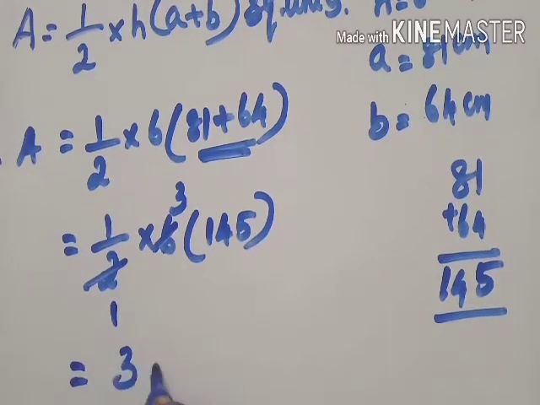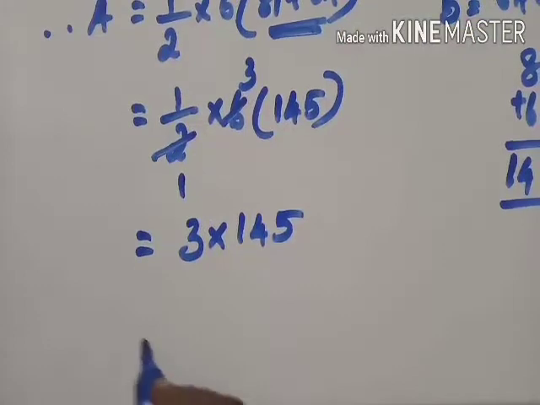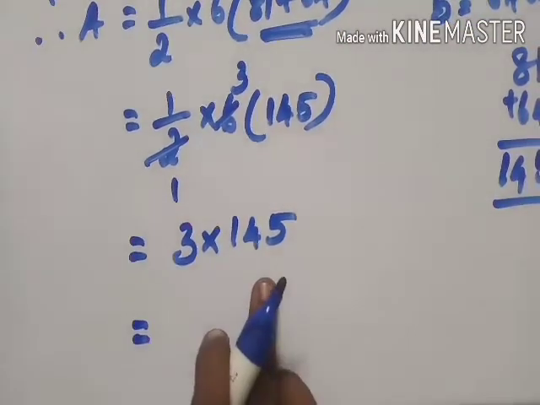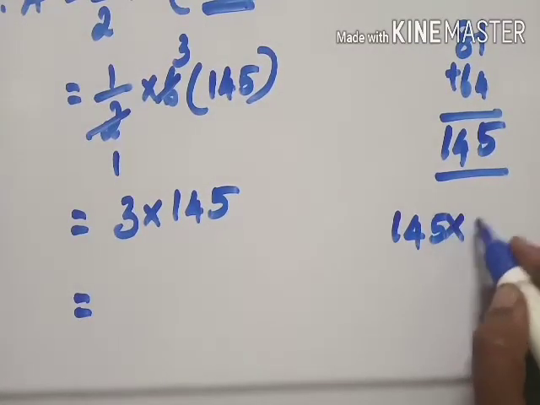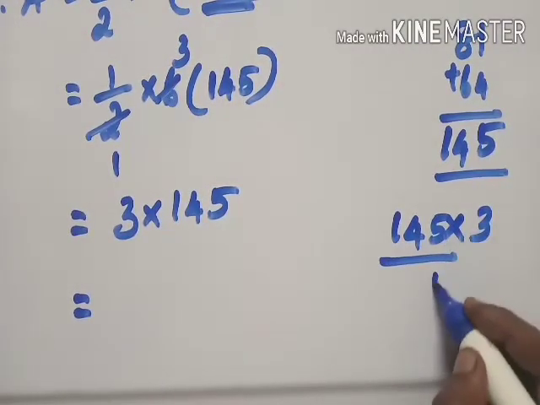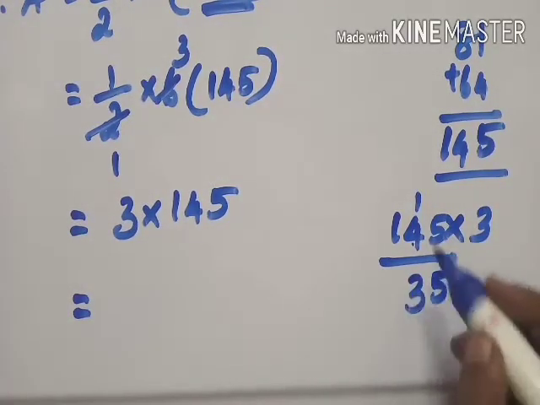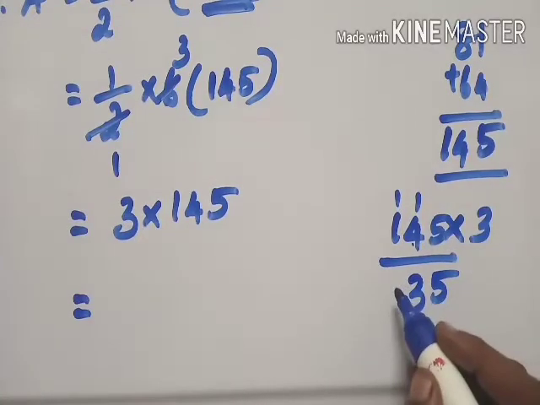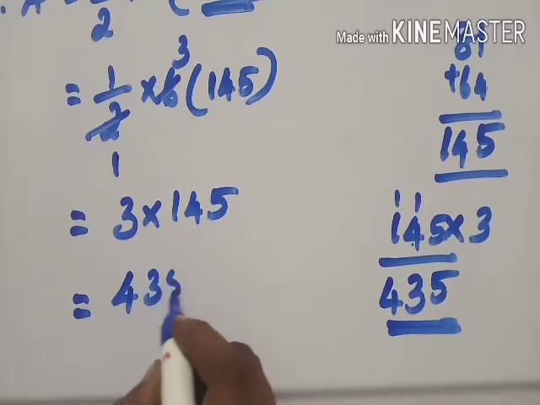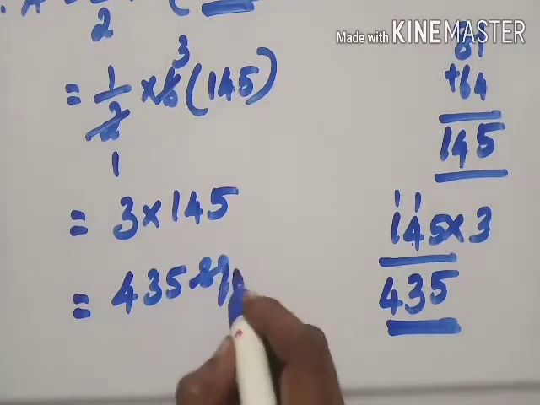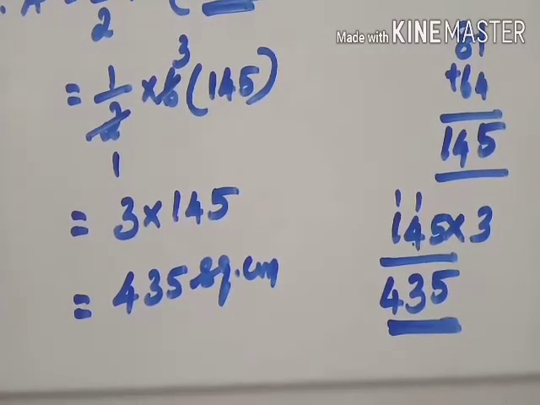This is equal to 3 into 145. 5 3s are 15, balance 1. 4 3s are 12, 12 plus 1, 13, again balance 1. 1 3 is 3, 3 plus 1, 4, so 435. That is 435 square centimeter. That is the area of the isosceles trapezium shaped window.